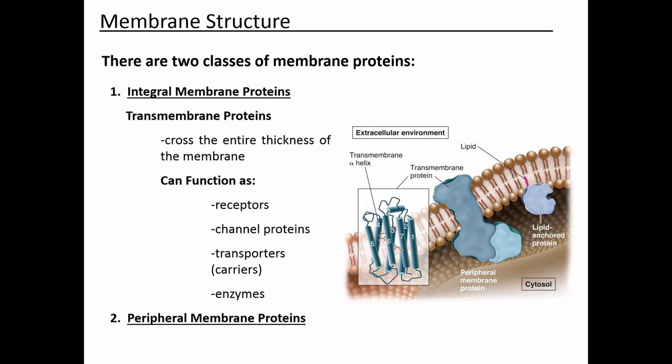Are lipid anchored proteins just a specific type of peripheral membrane protein? I would classify them as transmembrane. What a lipid anchored protein would be is that as a part of the protein there'd be a lipid attached to it, and then the lipid part of the protein is in contact with the hydrophobic core.